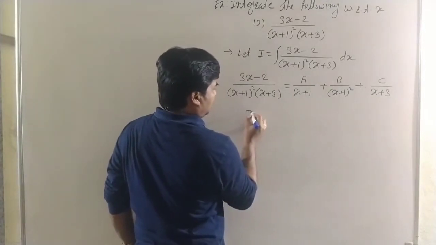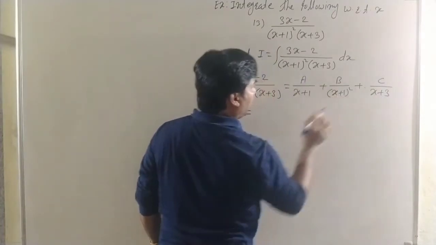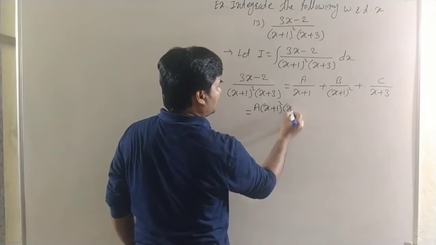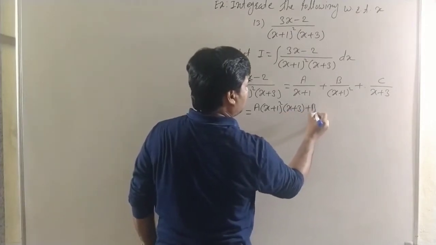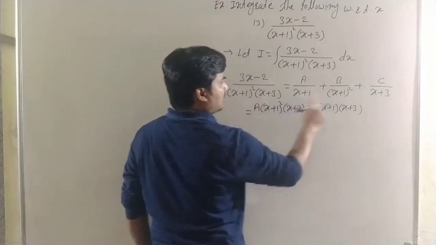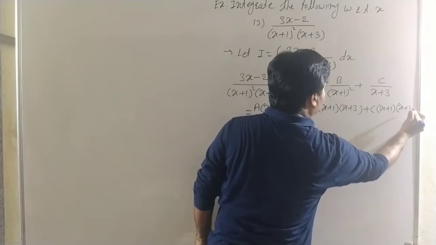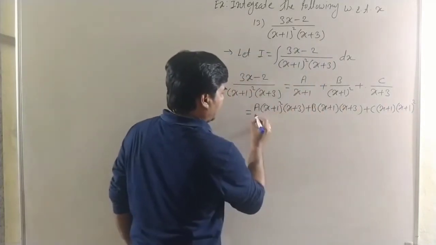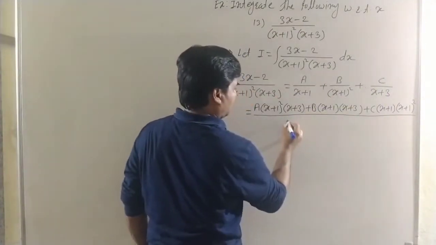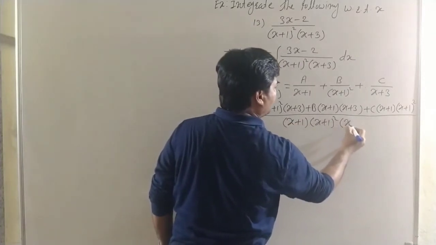Therefore this is equal to A into the multiple of the other denominators, so A into (x plus 1) square into (x plus 3), plus B into (x plus 1) into (x plus 3), plus C into (x plus 1) whole square, whole upon the multiple of these three factors, x plus 1 into (x plus 1) square into (x plus 3).